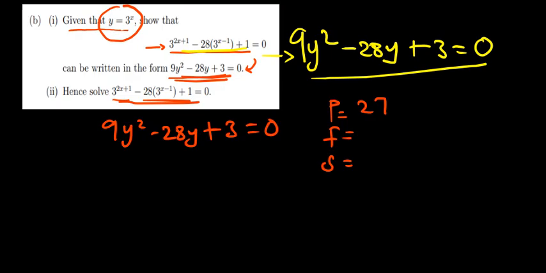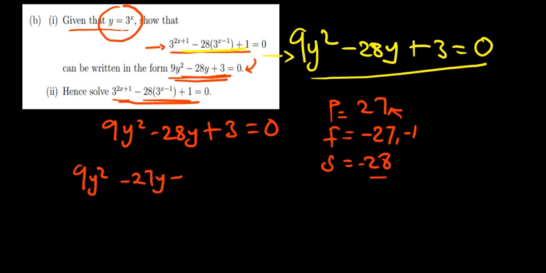And then what would be our factors? Our factors will be minus 27 and minus 1, and then our sum will be minus 28. When we add these, we get minus 28, and when we multiply them, we get 27. So it will be 9y squared minus 27y minus y plus 3 is equal to 0.